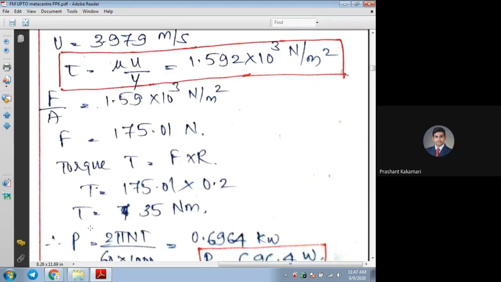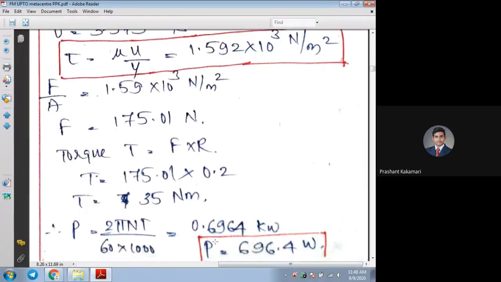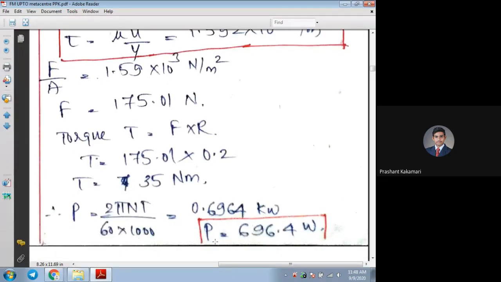Now, if I rotate the shaft above this power, what will happen? The shaft can supply the power from one end to the other end with this loss, because I am supplying more power on the other side of the shaft from the motor or some machine. Then I can transfer it to some other machine. But the minimum power should be this much, just to overcome the resistance of the liquid itself, that we are finding here.